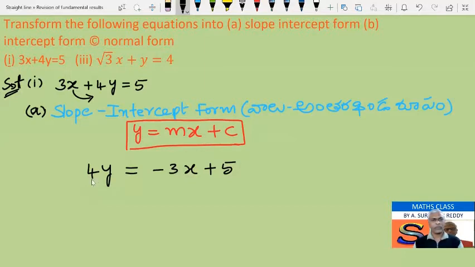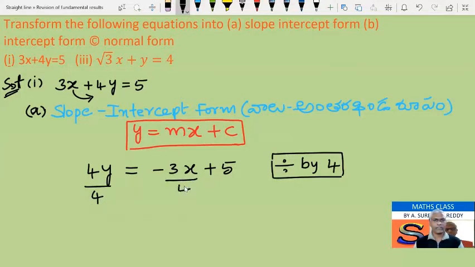To remove 4, we have to divide the entire equation, all the terms, by 4.